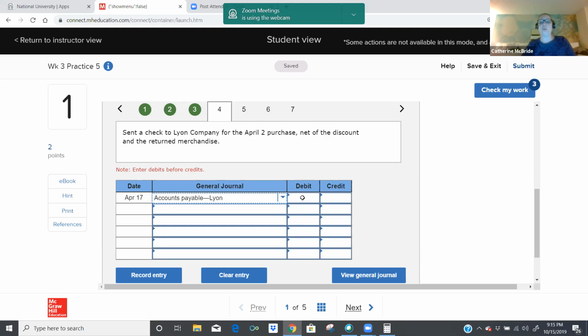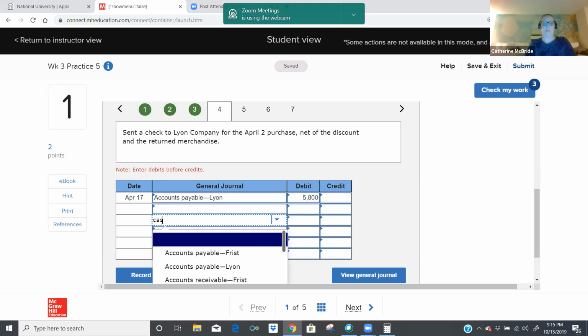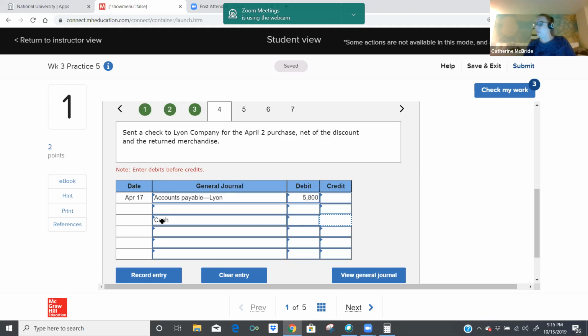So I have to reduce the accounts payable for the entire amount of $5,800. But I'm only going to pay $5,684. So what am I going to do with the $116 discount? I'm going to reduce inventory. I'm going to reduce inventory by that $116 for the discount.